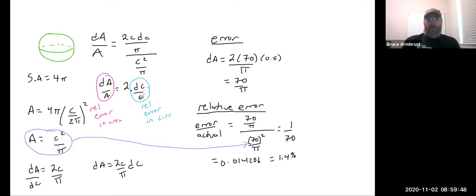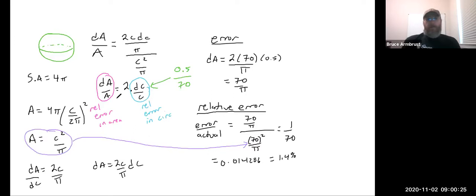So we actually could have answered the second part without calculating the actual error in the area. What we could have done is just gone back to the error in the circumference. I erased those numbers up here, but we were off by 0.5 centimeters over the original 70. If we had fired that in there and then doubled it, 2 times 0.5 becomes 1. We get 1 over 70. Boom, and there it is.